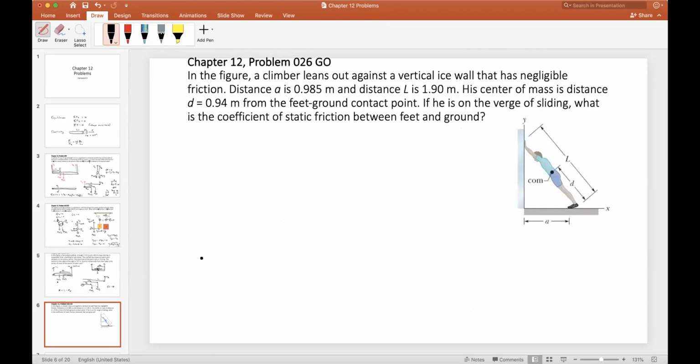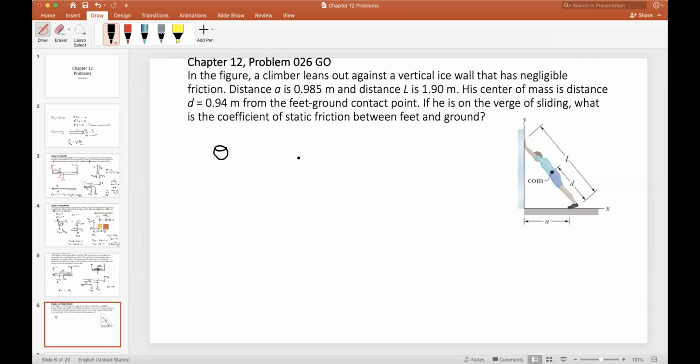This problem, problem 26, is essentially the ladder problem. And really, to tell you the truth, if you need a hint on this, this problem's all about finding angles. So if you go back to that ladder problem and you really know that ladder problem, you're fine here. But essentially, we need to know what the angle is before we do anything. And if we look, we can find the angle, right?